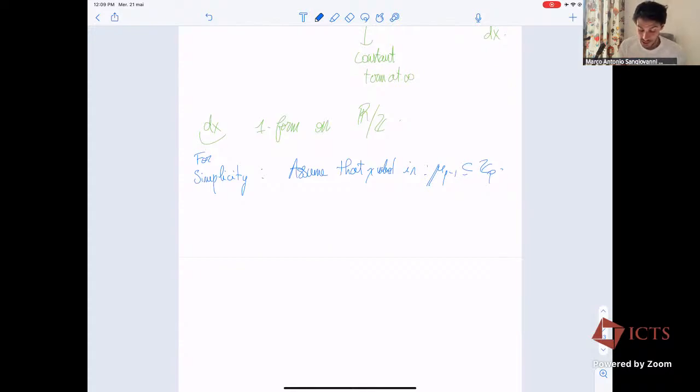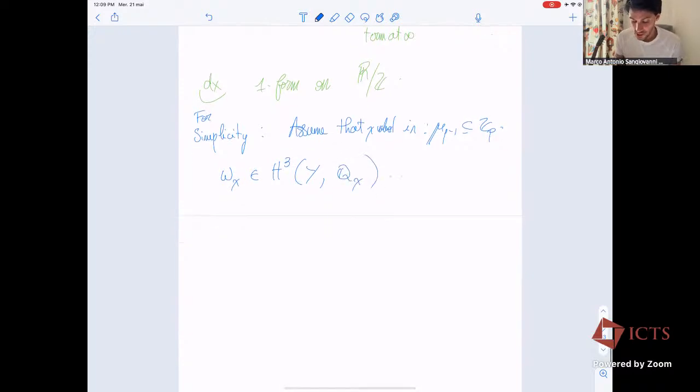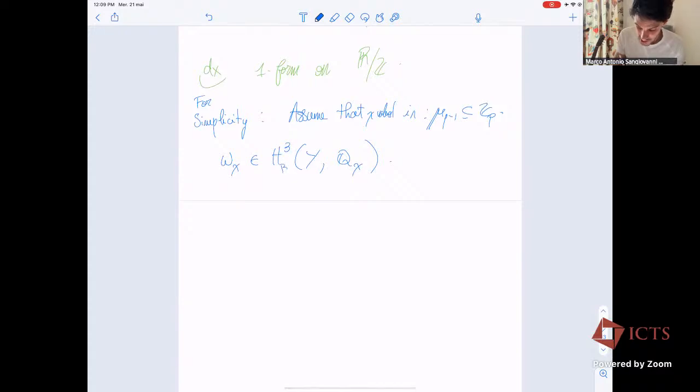Then we have omega chi, which defines a singular class in H3 of Y with coefficients in Q chi. But this is Betti, or singular.